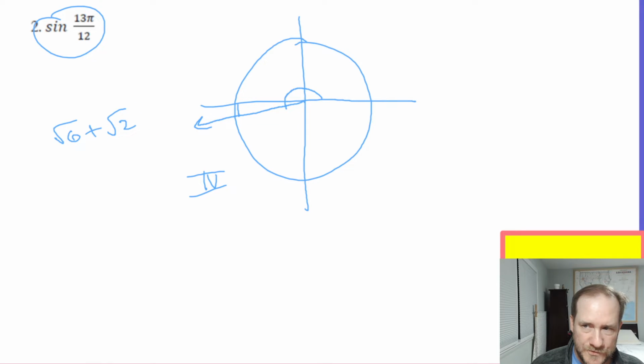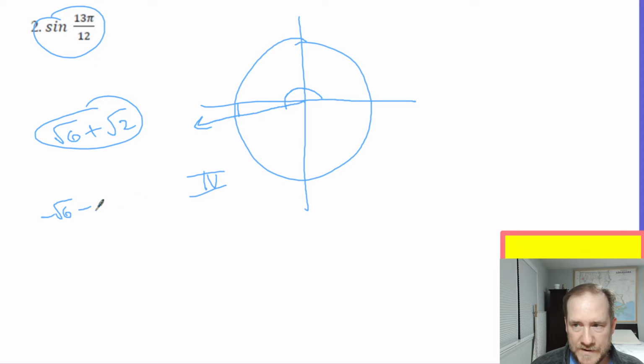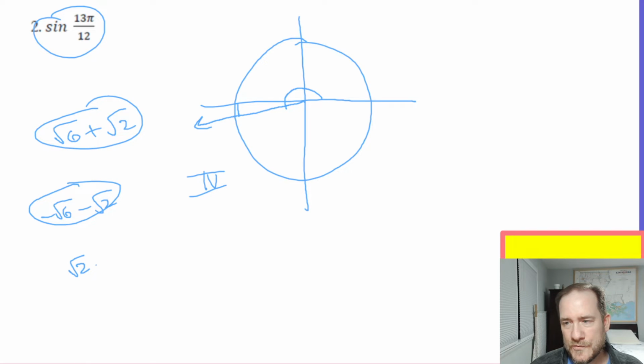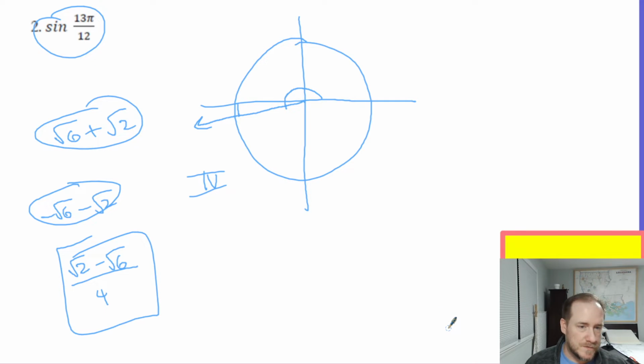Root 6 plus root 2 would be positive and big. Negative root 6 minus root 2 would be negative but big. But you know what? Root 2 minus root 6, that would be negative, and not super negative, just a little bit negative. So there, I did it. That's the answer. Memorized it. I got the answer. I'm done.